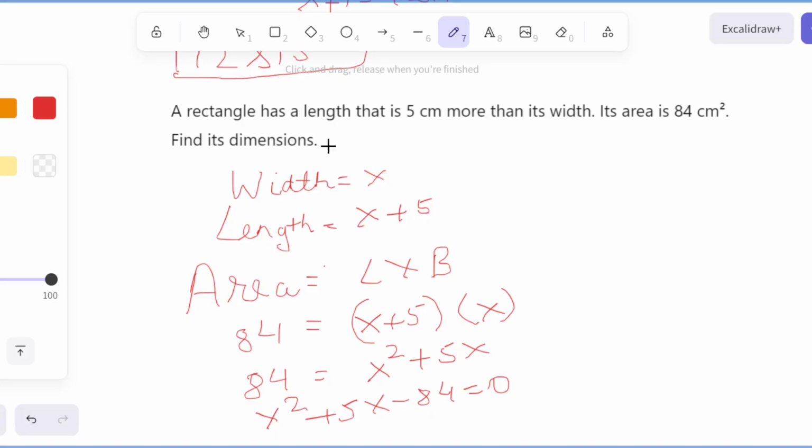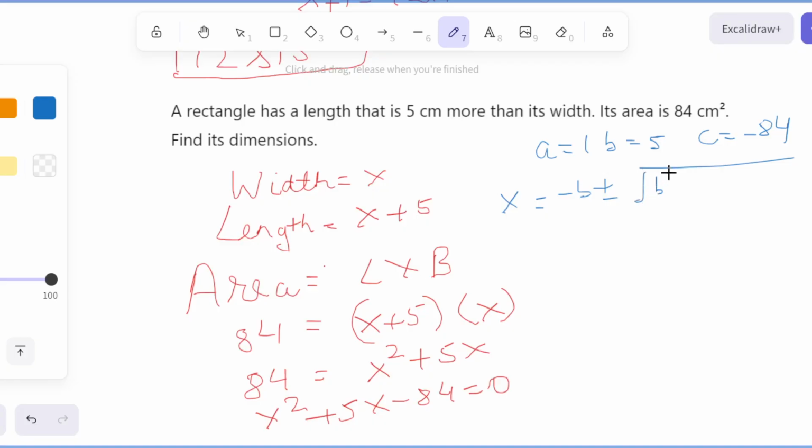So we get this quadratic equation. Now if we compare this with the standard quadratic equation, we get a equal to 1, b equal to 5, and c equal to minus 84. Now we can put these again in the quadratic formula, x equals minus b plus minus.